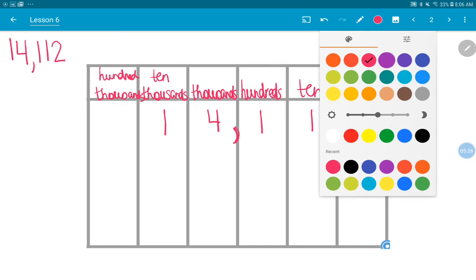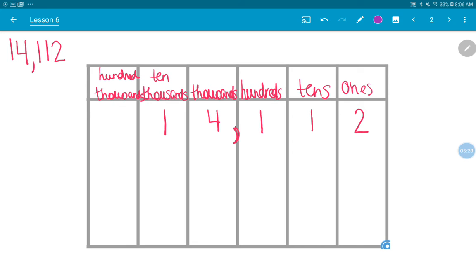If I go to my thousands place value, I don't have to change anything else. One less thousand, instead of 4, will be 3. So in standard form, it'd be 13,112.